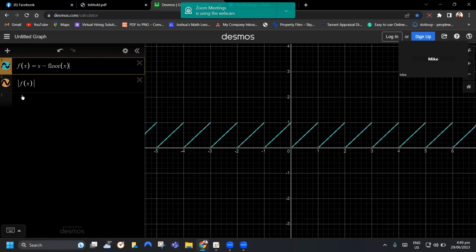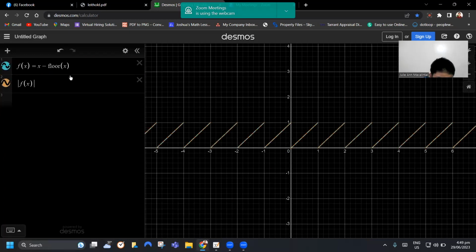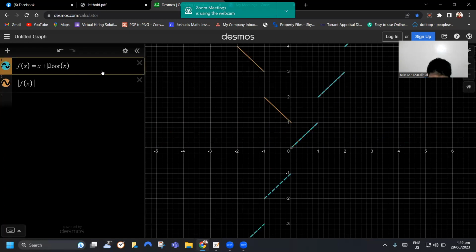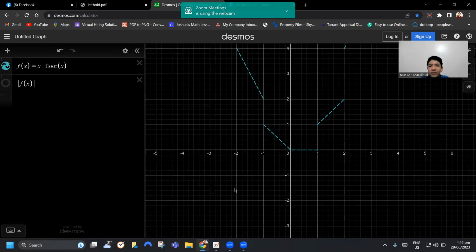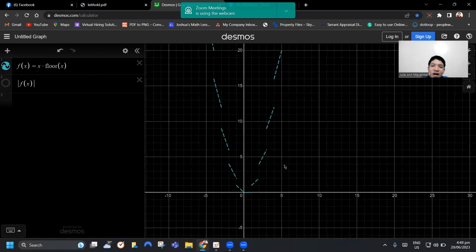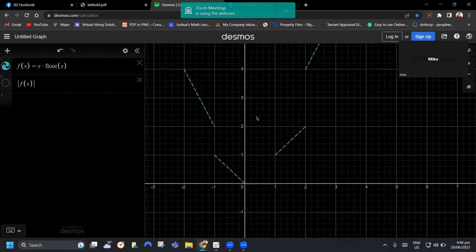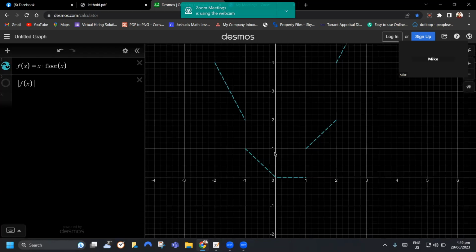So, kapag plus, oo. Okay. Kung x times floor x, like a parabola, but it got something, medyo sira.